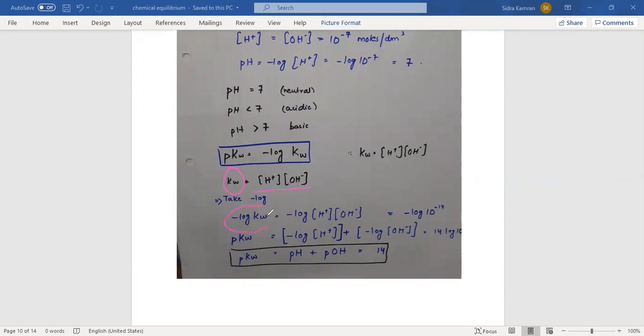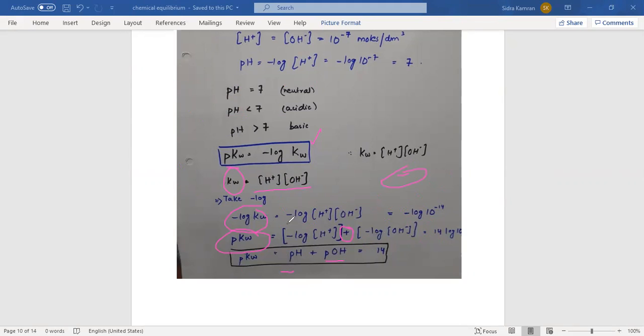Negative log of Kw is equal to pKw. So negative log of H positive ion concentration plus negative log of OH negative ion, since these are in multiplication. When we apply the log to a multiplication, the sign will be positive. When something is in a division and you apply the log, then the value becomes negative. So pKw is equal to minus log of H positive ion, which is pH, and minus log of OH negative ions, which is pOH. So pKw is equal to pH plus pOH.